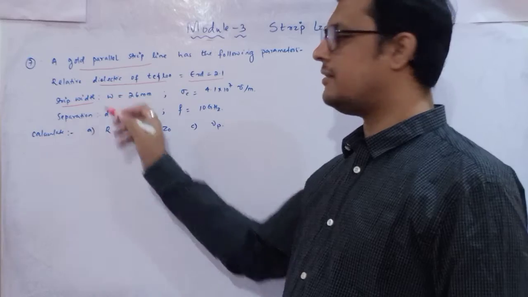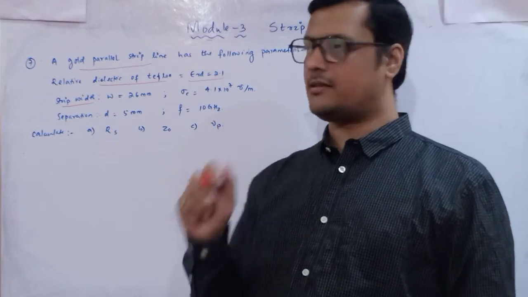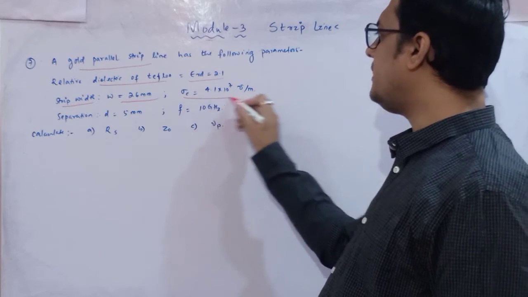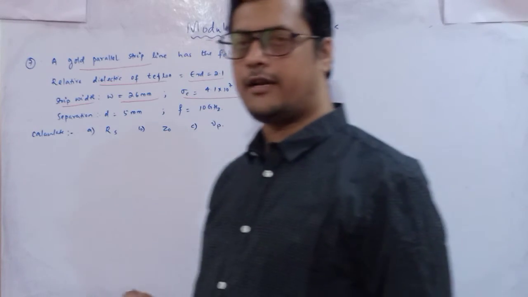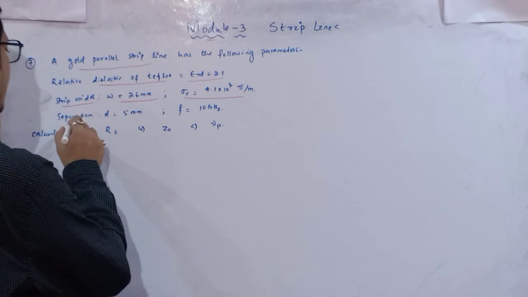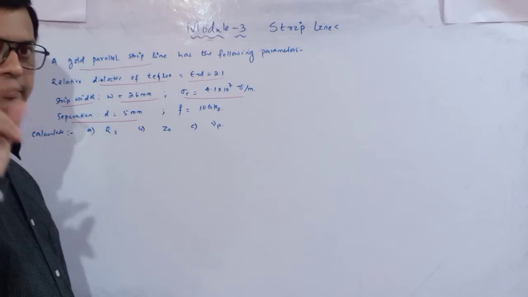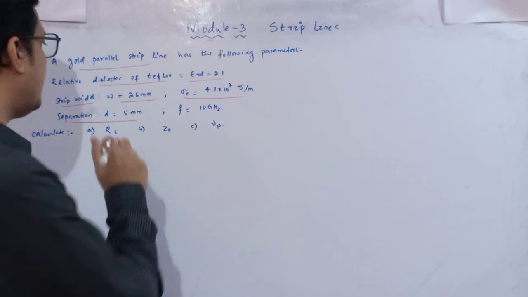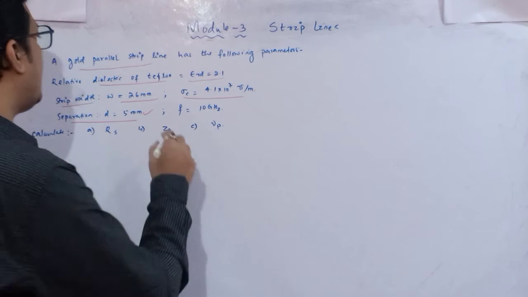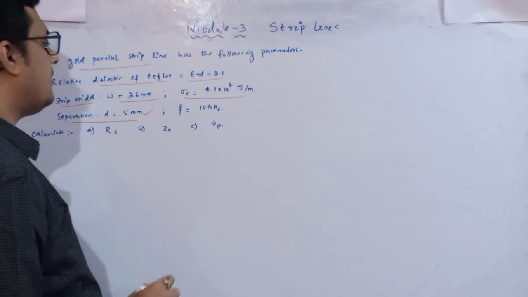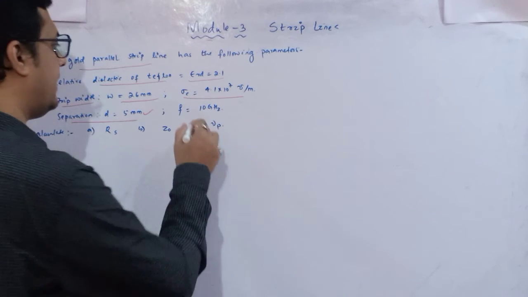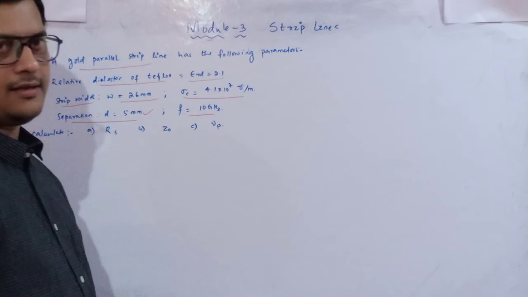The strip width, the metal strip width, is 26 millimeter, with a conductivity of 4.1 into 10 to the power 7 mho per meter or Siemens per meter, and the separation of the strip line, that is d, is equal to 5 millimeter, and the operating frequency is 10 gigahertz.